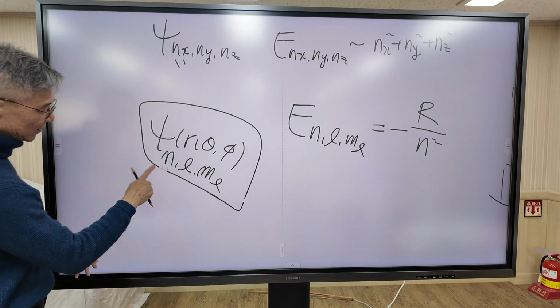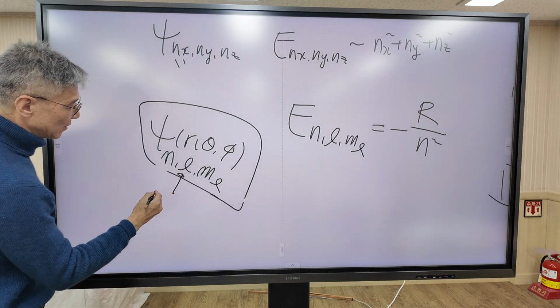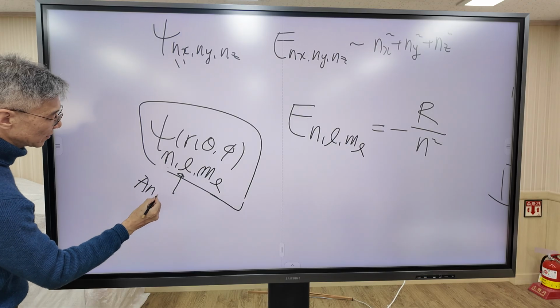Now, an important point here. l is called the angular momentum quantum number.